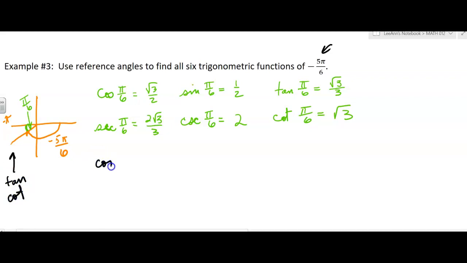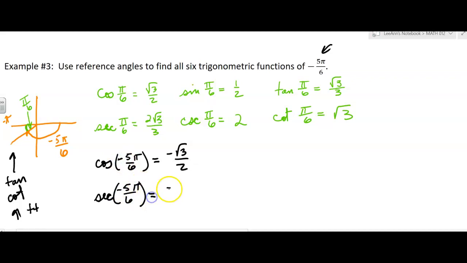So the cosine of negative 5 pi over 6 will be equal to negative square root 3 over 2. Did I say it wrong before? These are the positive ones. Secant of negative 5 pi over 6 is going to be negative 2 square root 3 over 3.